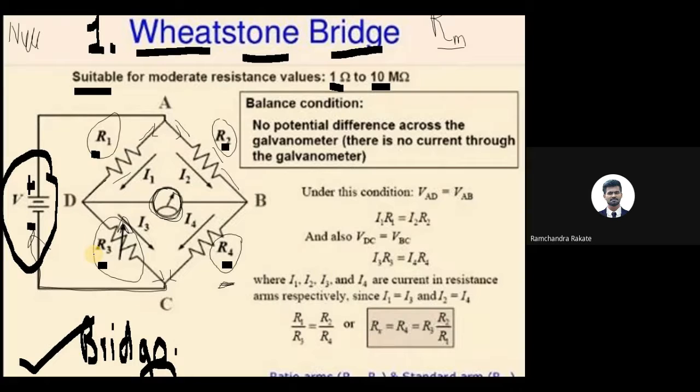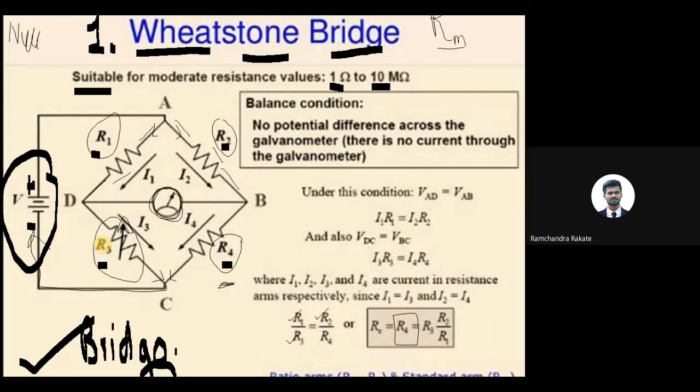We want to obtain the unknown, so we have a certain relation. In the circuit you can observe here, R4 is the unknown value of resistance, and the remaining R1, R2 and R3 are known resistances. So we will form a certain pair.